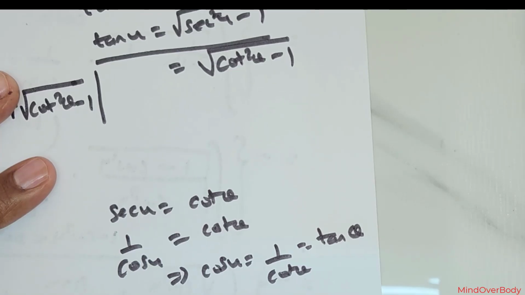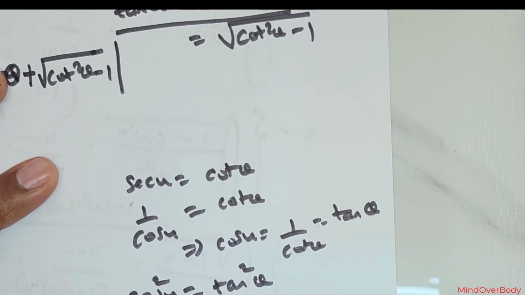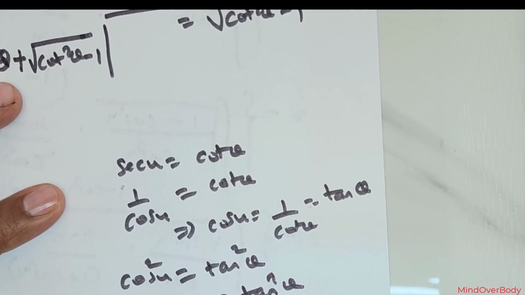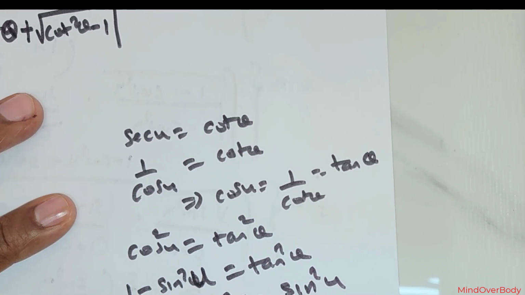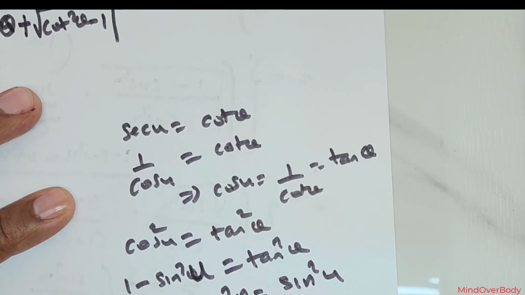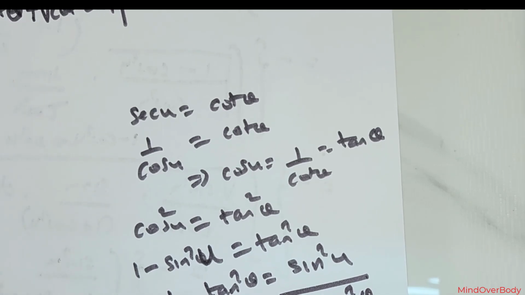So we have cos u is equal to tan θ. This means cos² u is equal to tan² θ. This means 1 - sin² u is equal to tan² θ. So from here 1 - tan² θ is equal to sin² u. So sin u is equal to root of 1 - tan² θ. So in place of sin u, you have to place root of 1 - tan² θ.